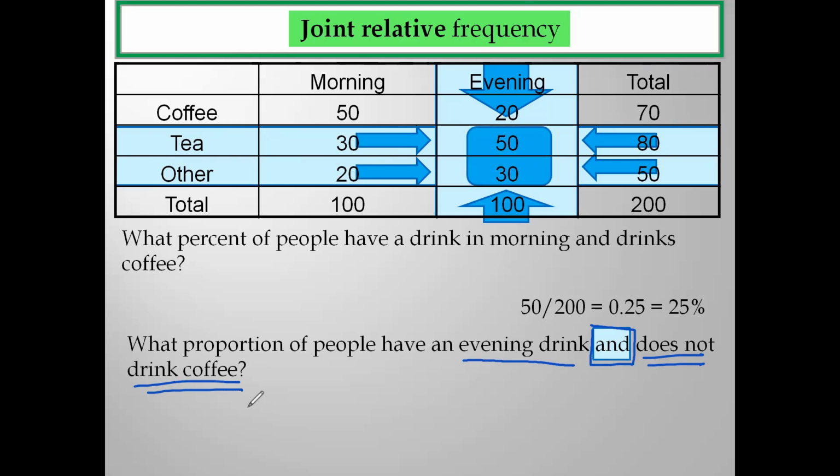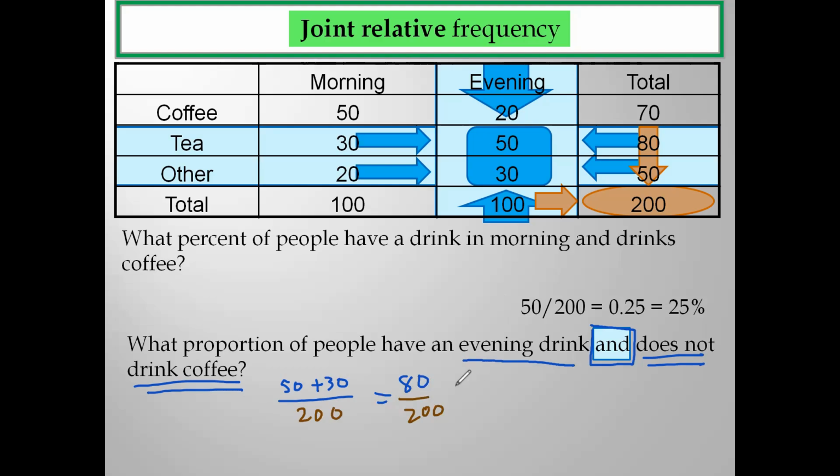This gives us our event of 50 plus 30. Then we remind ourselves that the total is still 200. So we're going to take 50 plus 30 divided by 200. So our results would be 80 over 200.